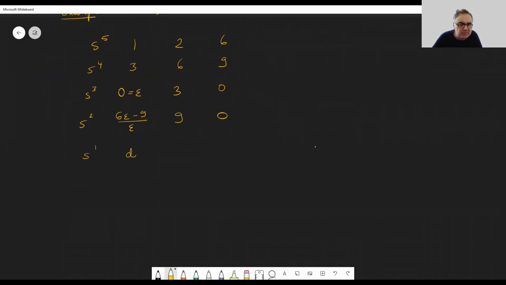This one is complicated. Let's write it as D1 here. This is 0, so this is 0. The s to the 0 entry is, let's say, 9.